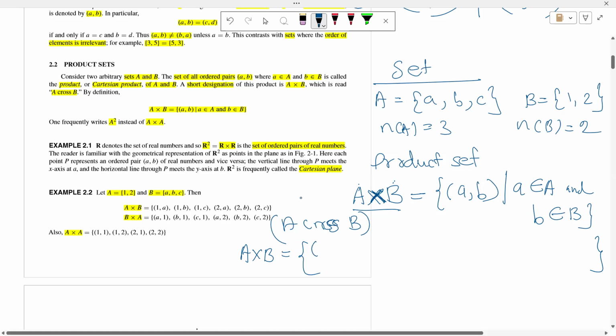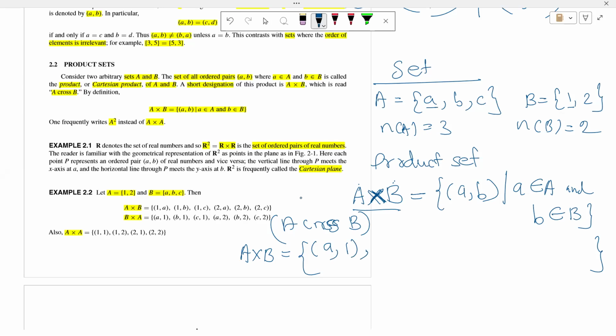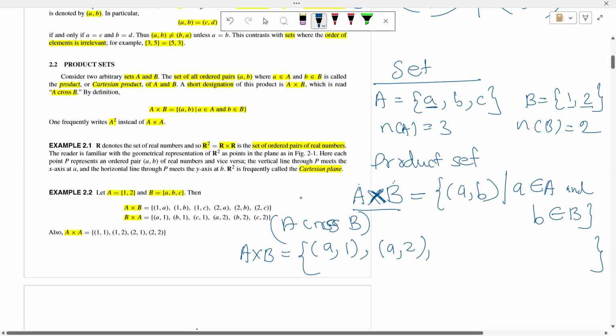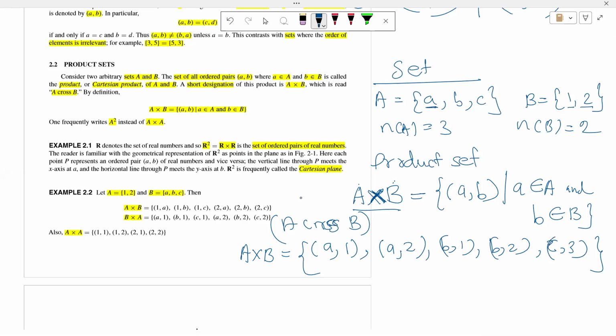The first pair you can create: take the first element from A, and the second element from B. So (a, 1) is one pair. Similarly, (a, 2) is another pair. Similarly, (b, 1) is another pair, (b, 2) is another pair.